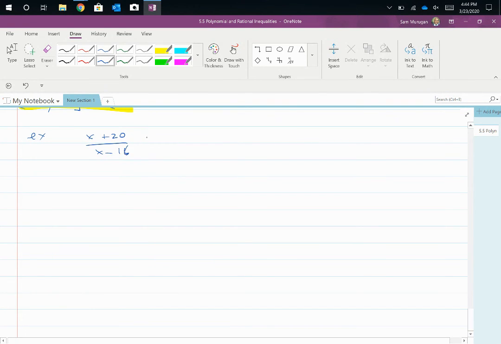And let's say in this case it's given as greater than or equal to 1. So you would have to rewrite this inequality so that it's set equal to 0. You would start by taking away 1 from both sides, so this becomes x plus 20 over x minus 16 minus 1 is greater than or equal to 0. Then use your algebra to create the same common denominator.